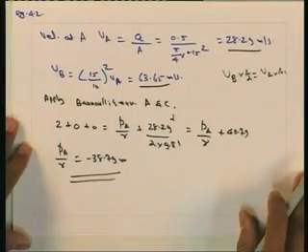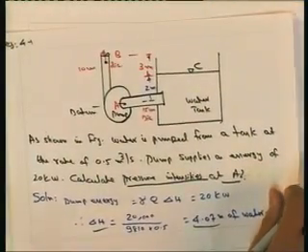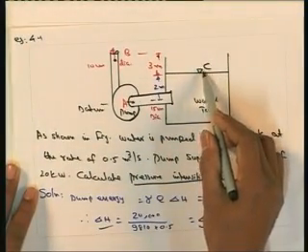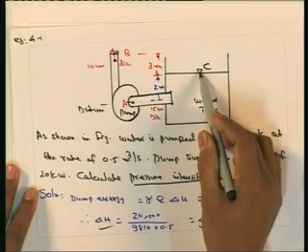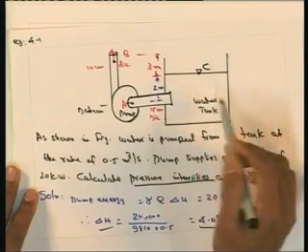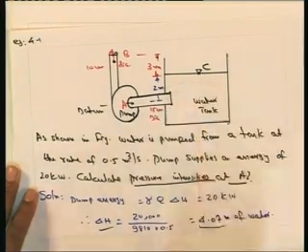Now finally we will apply Bernoulli's equation between point A and C. At the top of the water level in the tank, the pressure is atmospheric, so we can take it as 0, and there is no flow taking place, so the velocity can be considered 0.